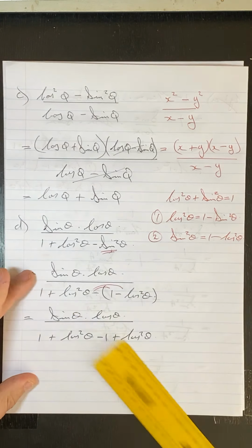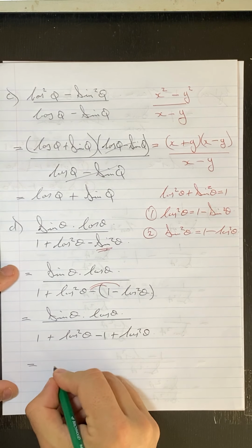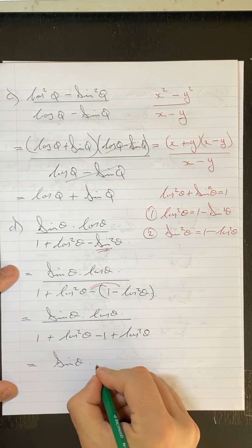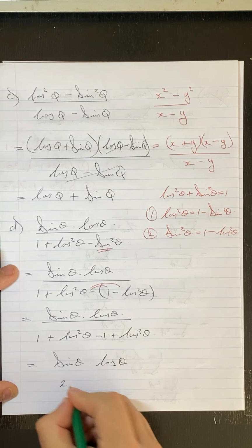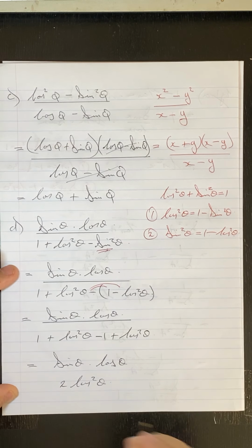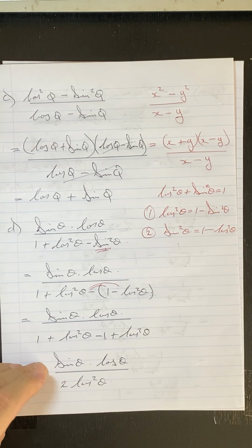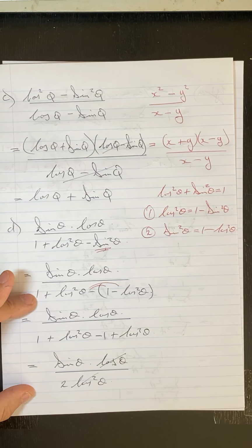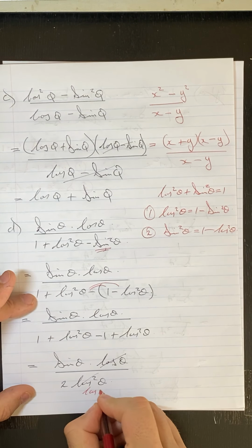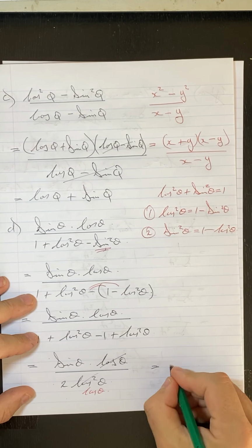Okay, so these ones will cancel, and cos squared plus cos squared will give us 2 cos squared. So we get sine theta times cos theta over 2 cos squared. Right, so 1 cos will cancel with 1 cos there, so we're just left with a cos at the bottom. And you can see that's going to give us a half.